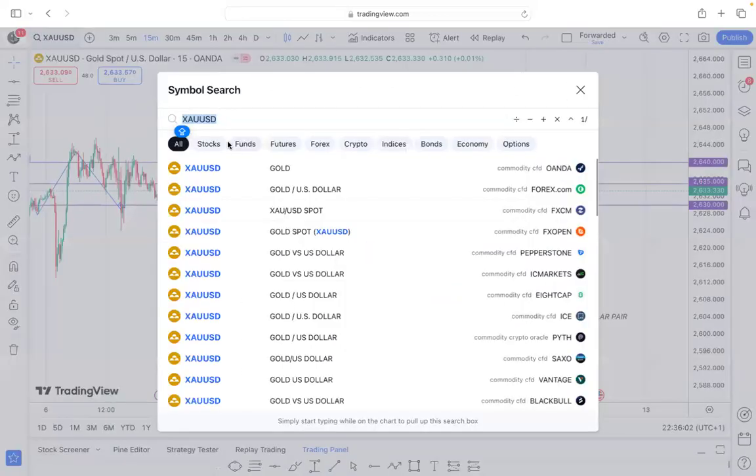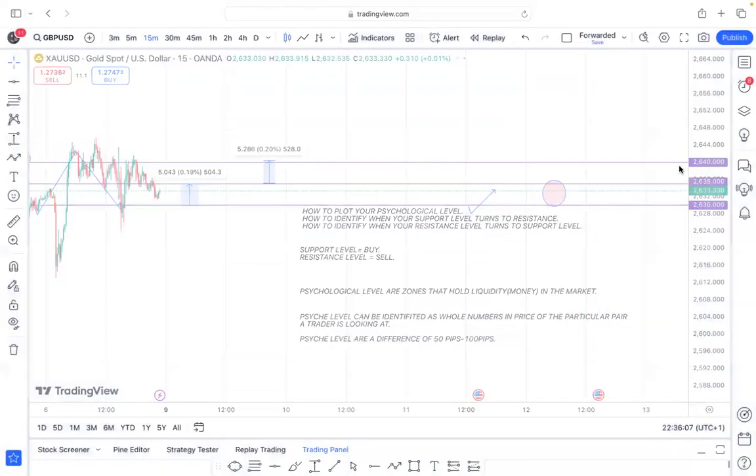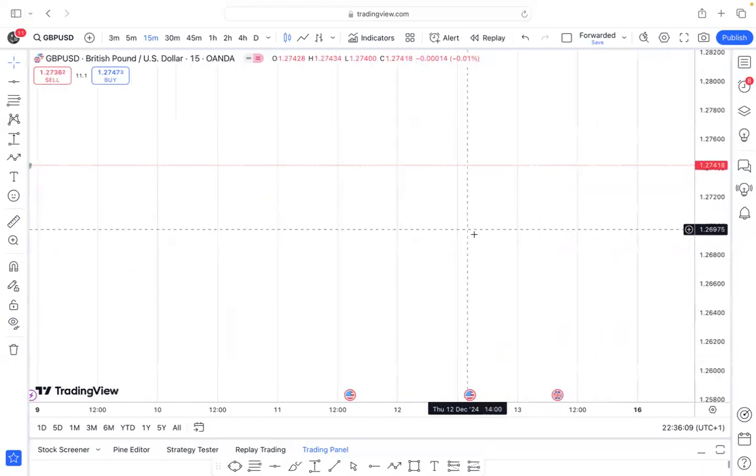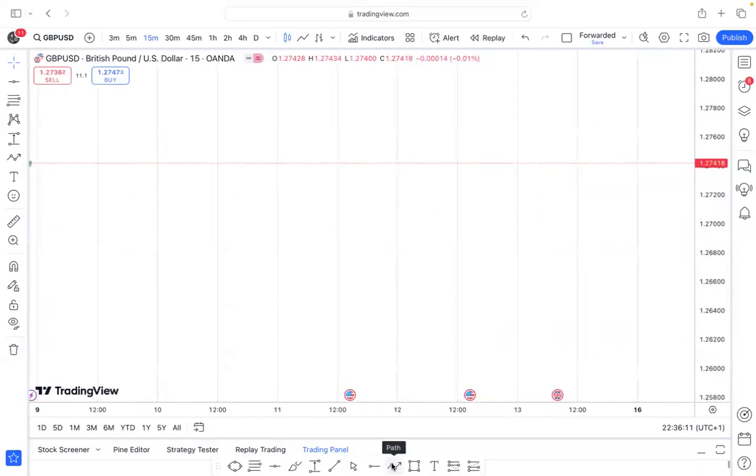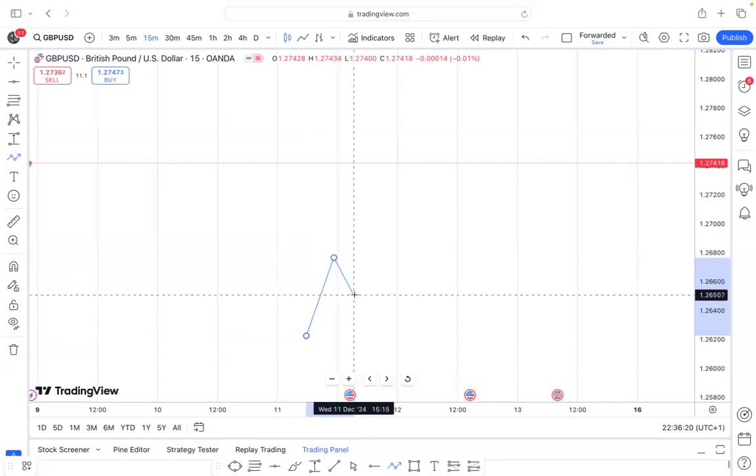So now we know that support is to buy, resistance is to sell. But how would you identify it in your trend? Your support and resistance levels are to be identified according to the trend you're trading. In an uptrend, we know there's a creation of a series of higher highs and higher lows.